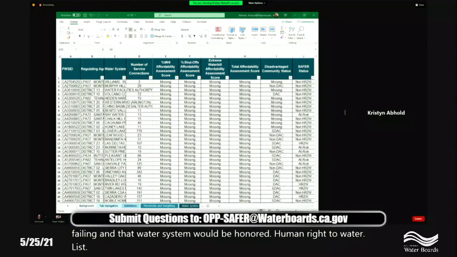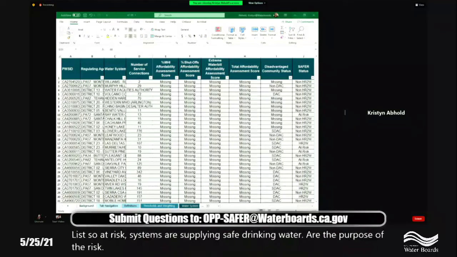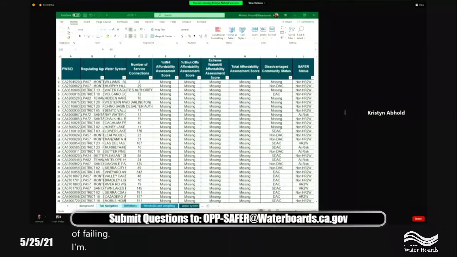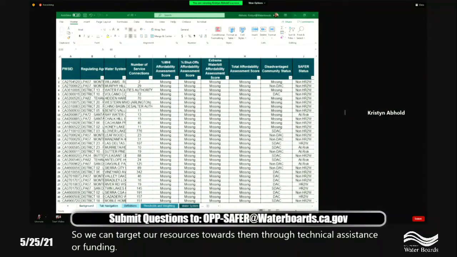So at-risk systems are supplying safe drinking water. The purpose of the risk assessment, again, is to identify those systems that may be at risk of failing, so we can target our resources towards them through technical assistance or funding in order to help them stay off of the human right to water list.